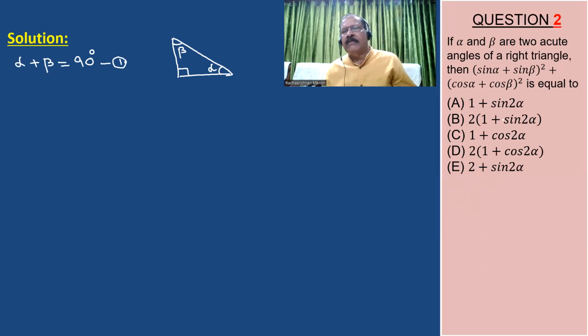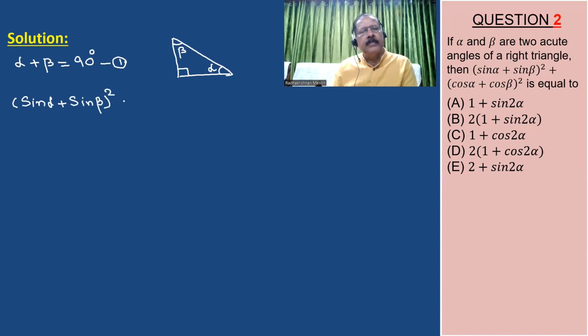Now you have to evaluate sin alpha plus sin beta whole squared plus cos alpha plus cos beta the whole squared. Now whenever you see such a question, you know a plus b the whole square.